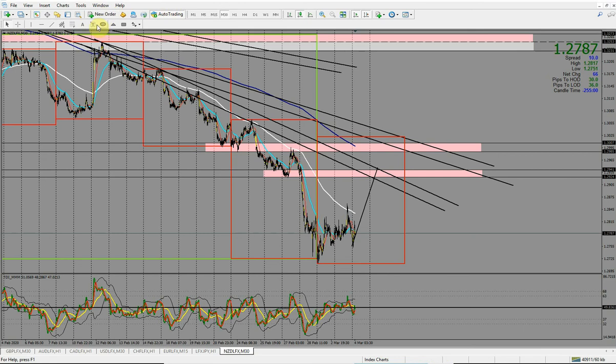So let me just see, from this high, this low will be my Fibonacci. This will be 50%, and this here will be 78.6% Fibonacci retracement. 50 and 78.6 doesn't really make sense. It's not a very significant pattern, but I'm just going to go ahead and take it.